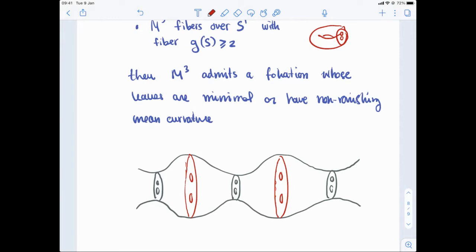And then the idea is that after you do this min-max, you obtain these unstable surfaces, and then you can use the mean curvature flow to produce a foliation from the unstable ones towards the stable ones. And then in that way you have a foliation with non-vanishing mean curvature of minimal leaves.